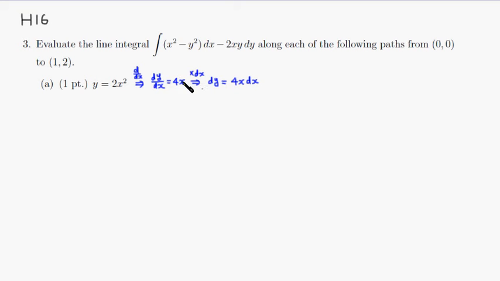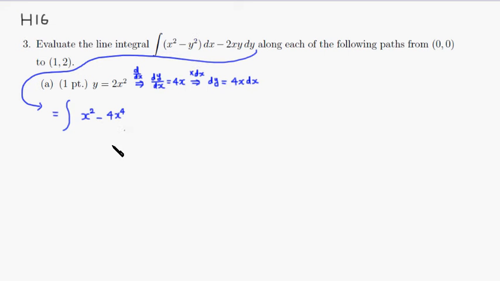Alright, so let's rewrite this integral. I'm going to go down here. This is equal to the integral. x squared is already written in x, so I will keep that. Minus y squared, I'm going to rewrite in terms of x. So y is 2x squared, so it's going to be minus 2x squared squared, which is 4x to the 4th power.